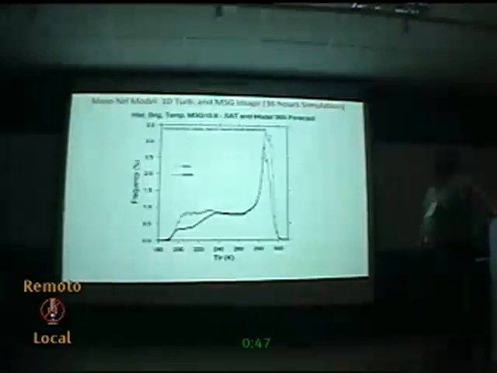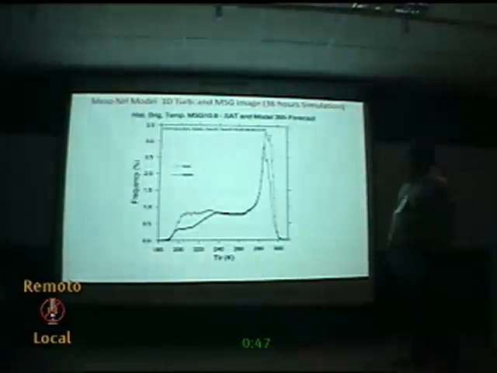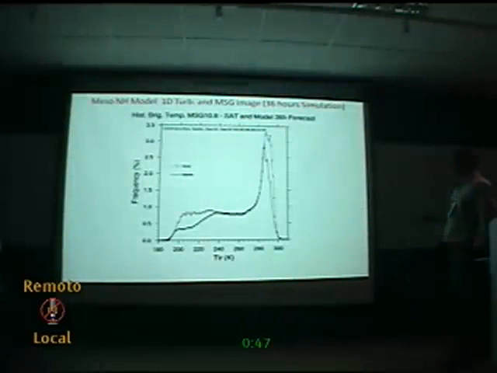And this is the histogram of the brightness temperature for the model in blue and the satellite. This is for the six golden days, Julian days 307 to 345. You can see that the model has much more clear sky, the warm temperatures.